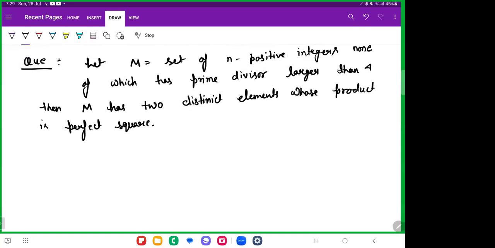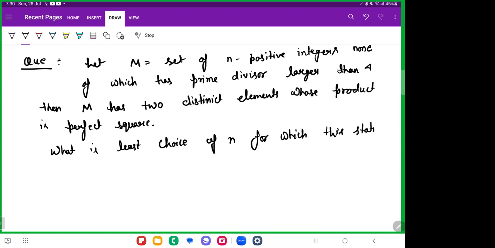The question is, what is the least choice of n for which this statement is true?